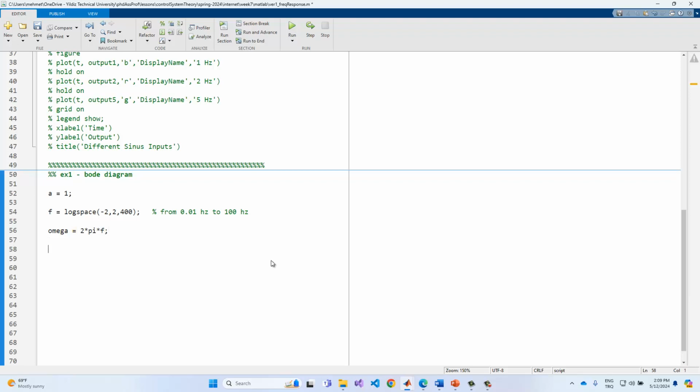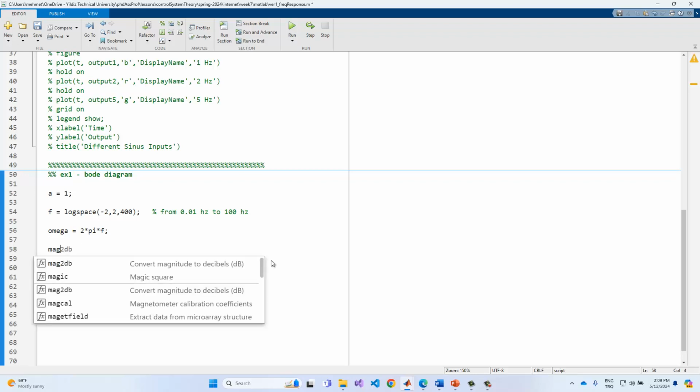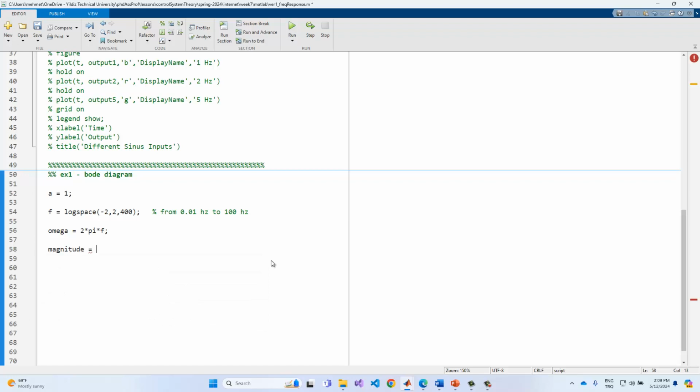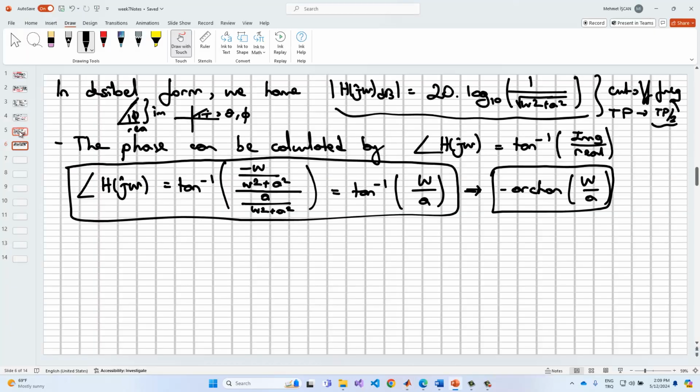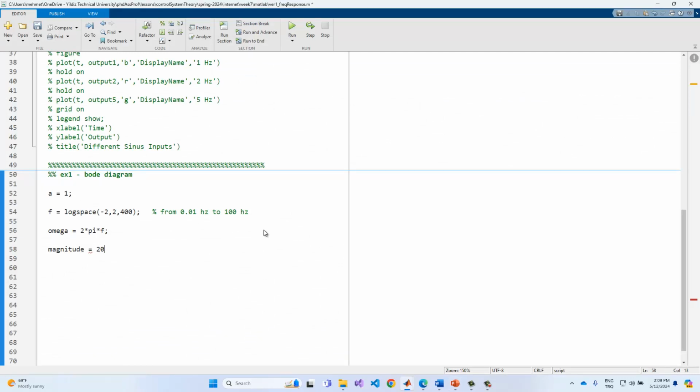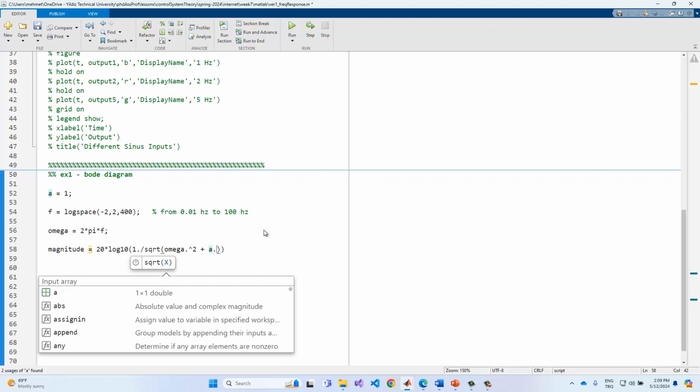W equals 2 pi f. Okay, and so how can we calculate the magnitude of this term? The magnitude or the power form is given by 20 times log base 10 of 1 divided by the square root of omega squared plus a squared.